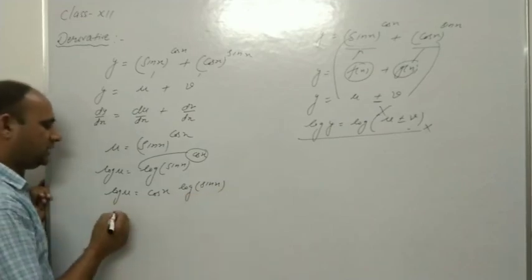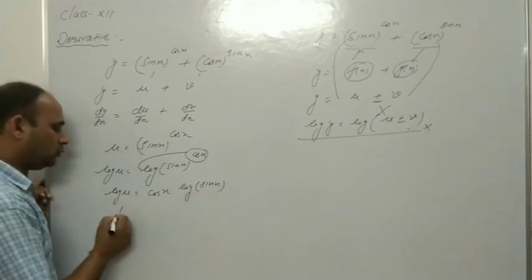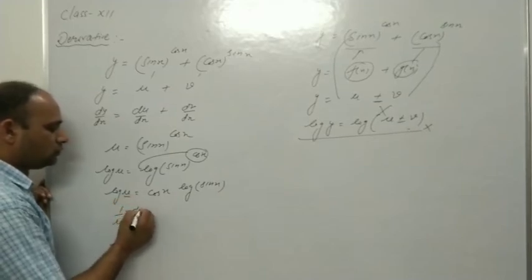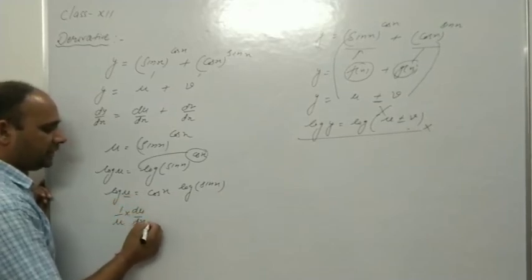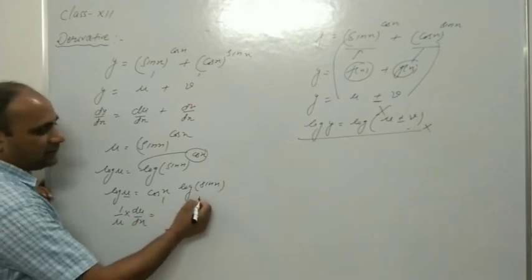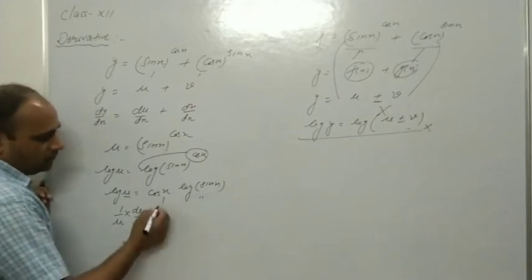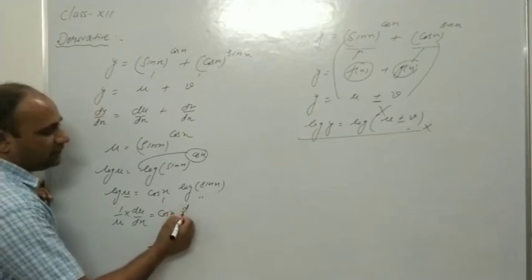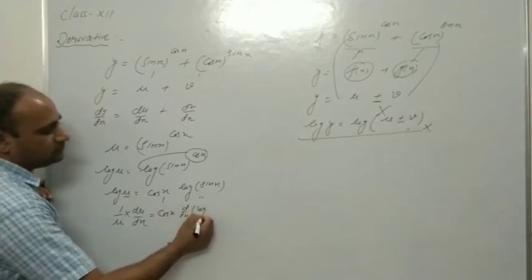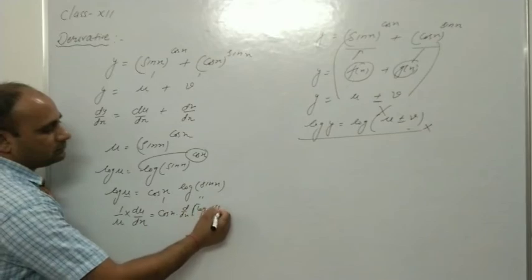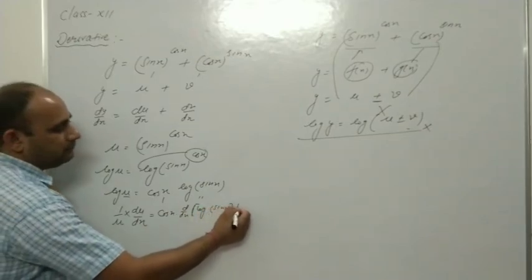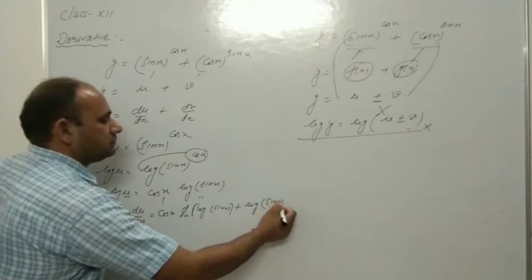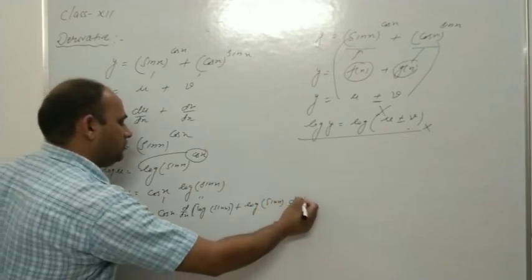Now we can differentiate with respect to x. Log u gives 1 by u and derivative of u, du by dx. On the right, first and second: first as it is, derivative of second, plus second as it is, derivative of first.